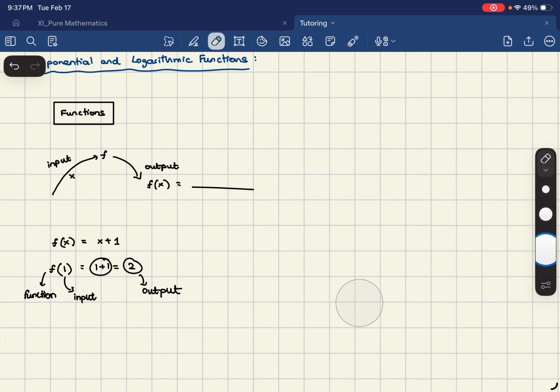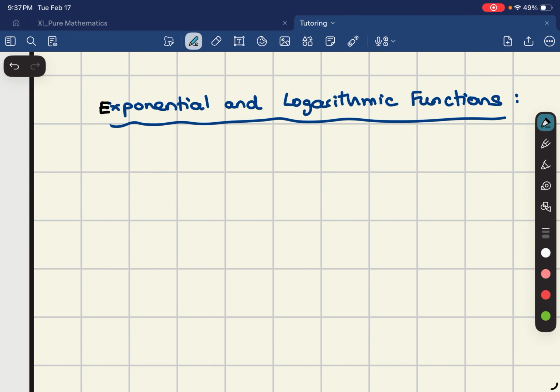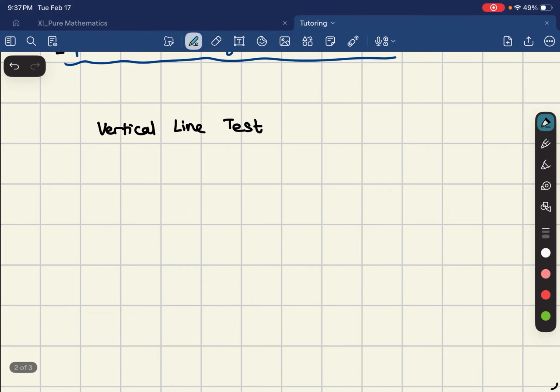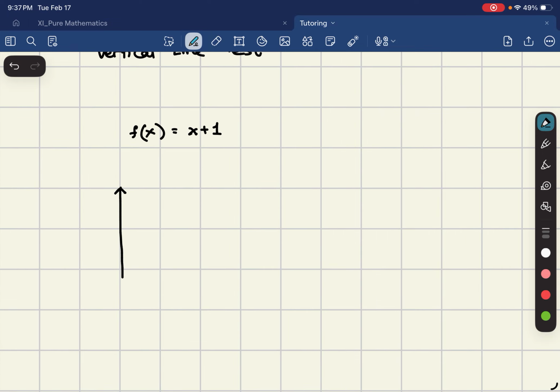So now, once we have this idea of function, another important thing to remember about function is that when you see the graph of a function, it must pass the vertical line test. So basically, let's go back to the function that I just gave you. f of x is x plus 1. So if I draw the graph, it's going to be a straight line.